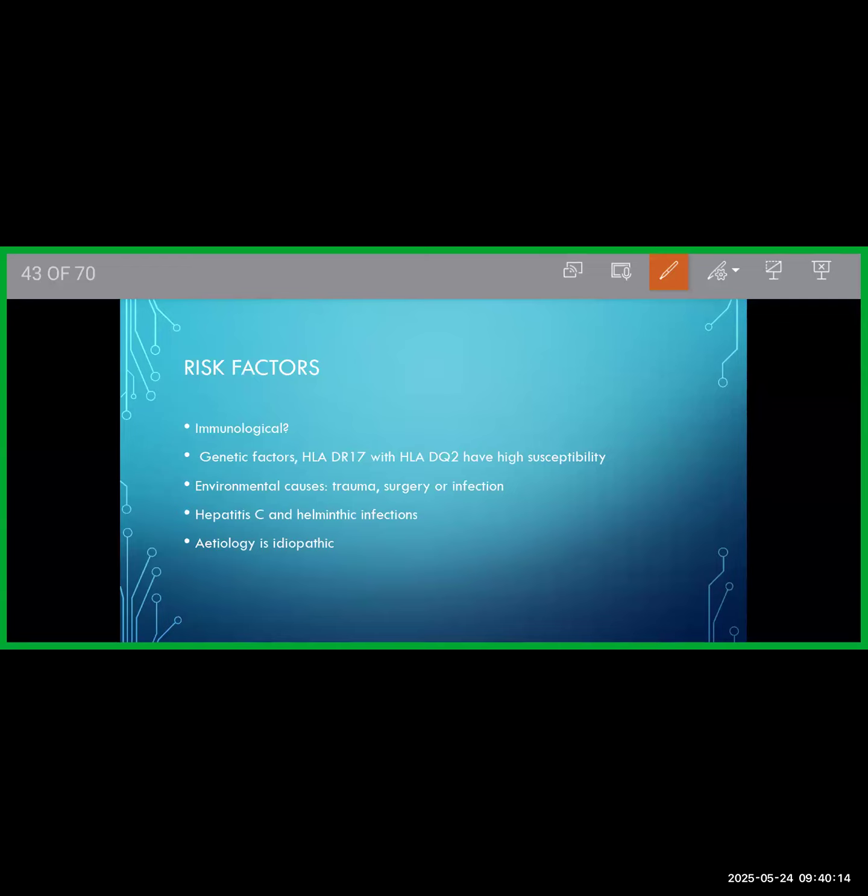Now, the risk factors, the etiology basically of Morin's ulcer, is not known. However, there are some immunological components to it.